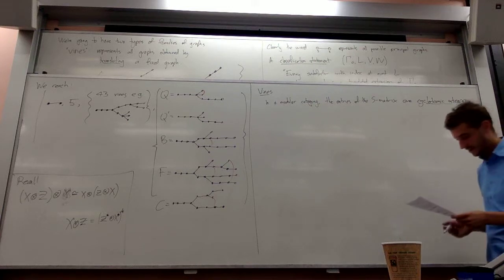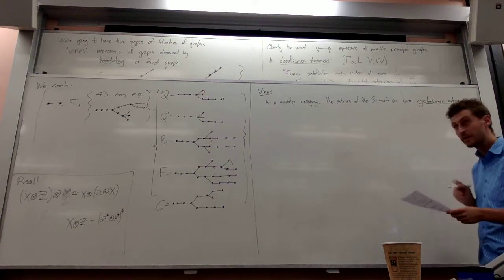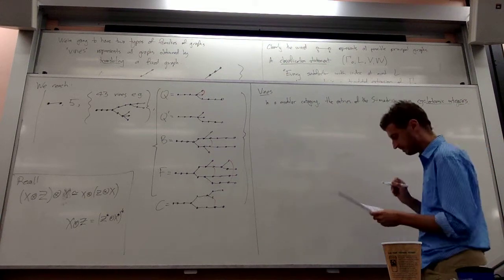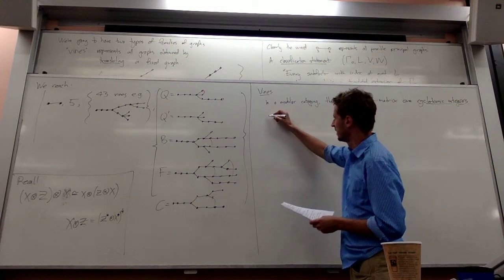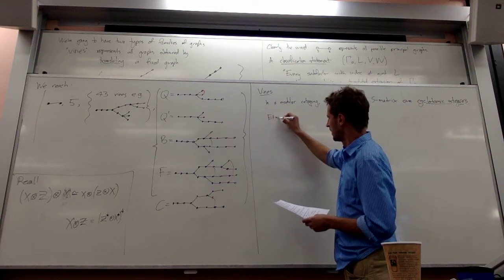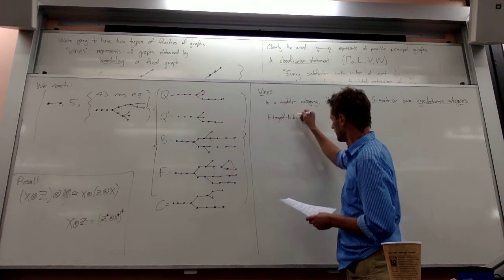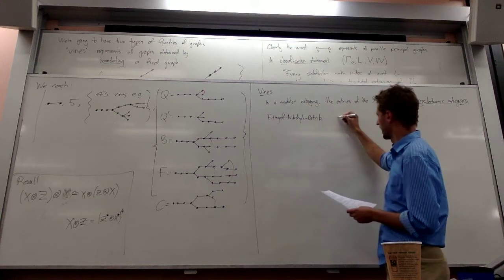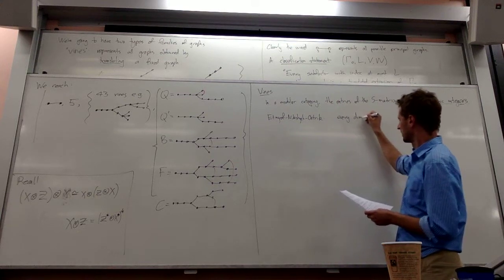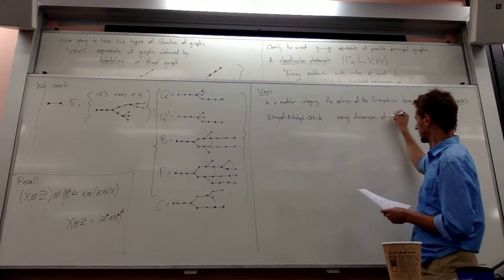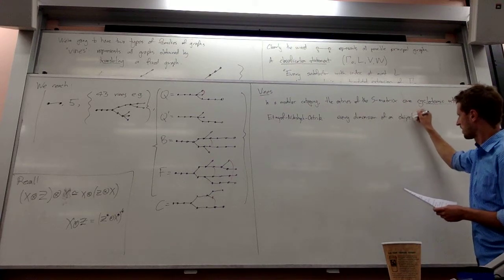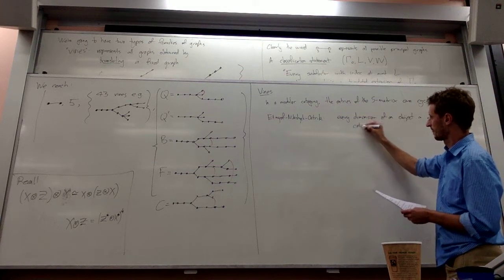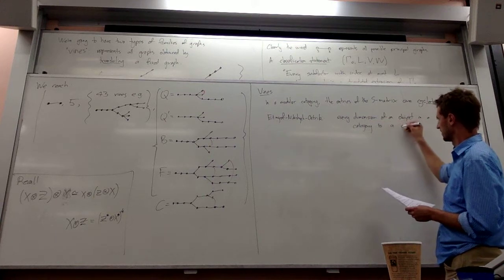And then Etingof, Nikshych and Ostrik realized that you could use this to show that every dimension of an object in a fusion category is also a cyclotomic integer.